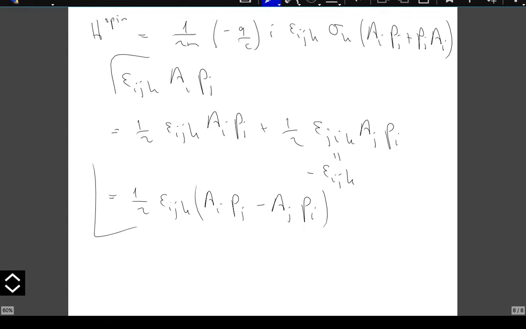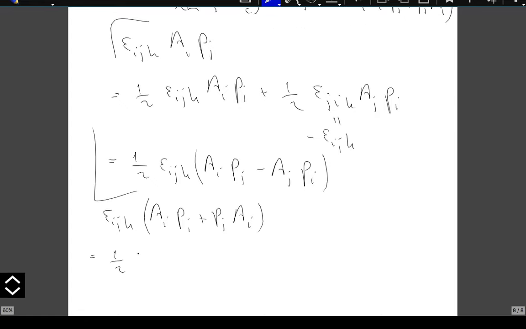Now I have epsilon_ijk (A_i p_j plus p_j A_i), which is nothing but 1 over 2 epsilon_ijk (A_i p_j minus A_j p_i). This is the first term, while the second term is p_j A_i minus p_i A_j.